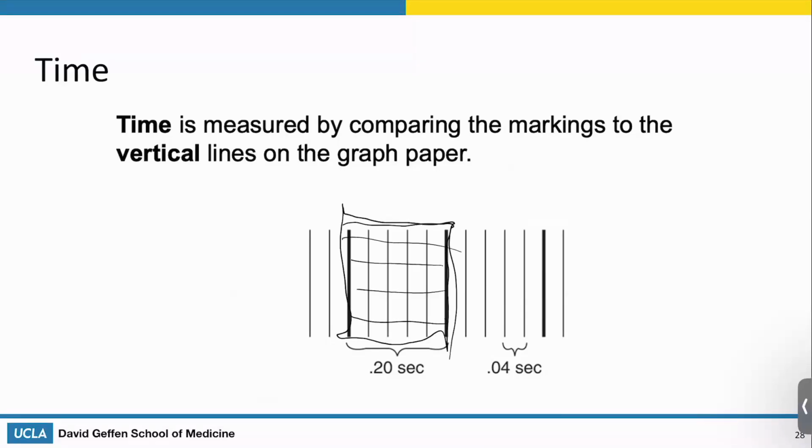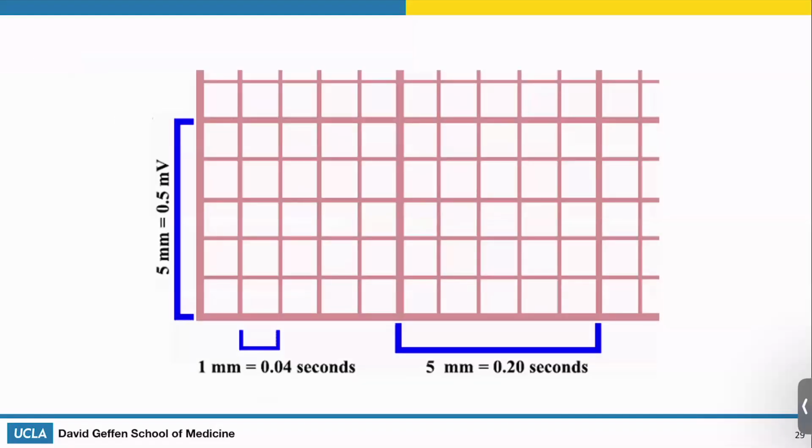So you're actually going to have 5 little boxes inside the one big box. Each little box is 0.04 seconds, or 40 milliseconds. And all of your big boxes are going to be 0.20 seconds, or 200 milliseconds. This is just another picture of that, putting it in that pink graph paper that we're used to seeing, right?